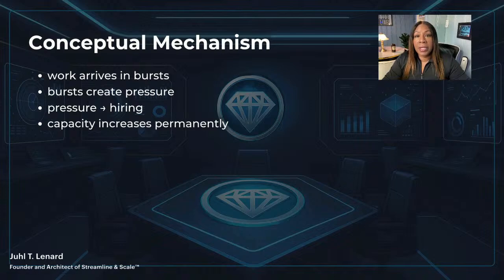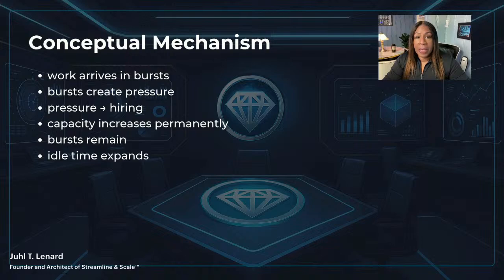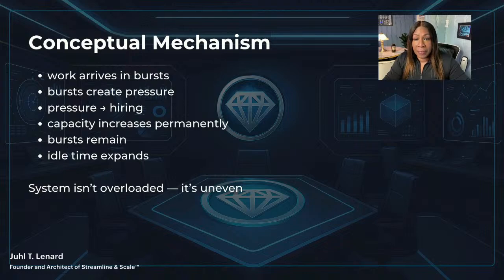When you hire, the capacity increases permanently, or you have to let some people go, right? We don't want to be in that position. And the bursts remain. So you thought that the hiring helped, but the bursts remain. The idle time expands because now you have greater capacity. The system isn't overloaded, it's uneven.